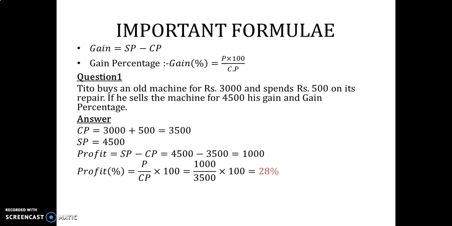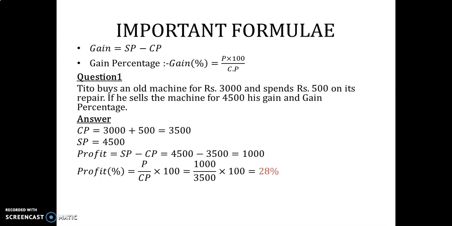So we will analyze some formulas here. The first formula: what is gain? Gain we have already discussed. Gain is nothing but profit only. If the selling price is more than the cost price, then we will say that the trader or the manufacturer is in profit.